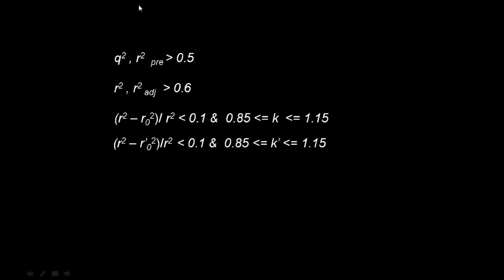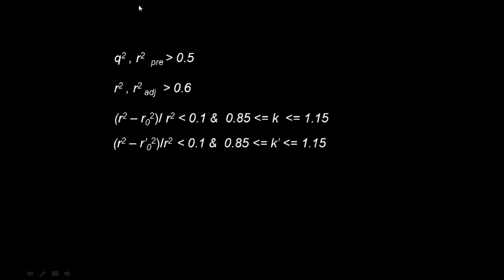Then R square minus R naught square, that means when you force the regression line to pass through the origin, we call that R naught square, divided by R square should be less than 0.1, okay. And then when you force it to pass through the origin, the slope should be almost 1, that is in this region.